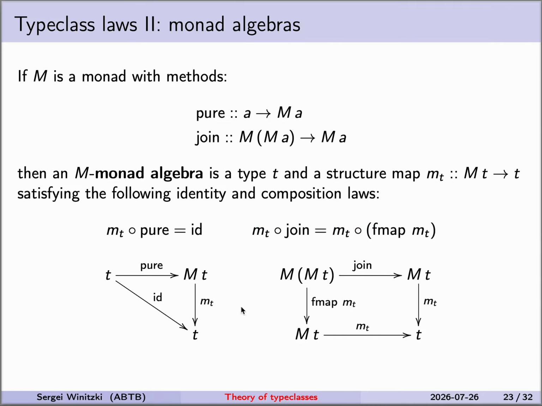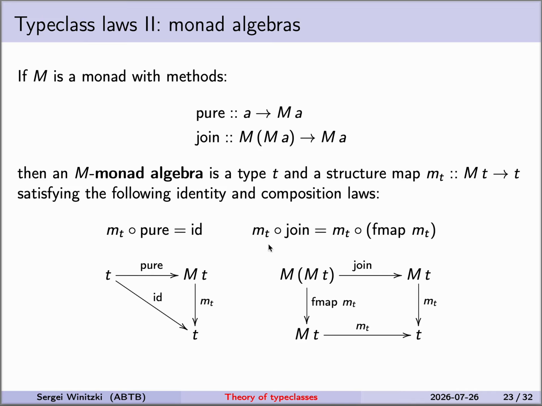To illustrate what these laws do, here are some type diagrams. The first law takes a value of type t, and lifts it to M t via pure, and then evaluates the structure map and gets back the t. And the law says you need to get back exactly the same value that you started with.